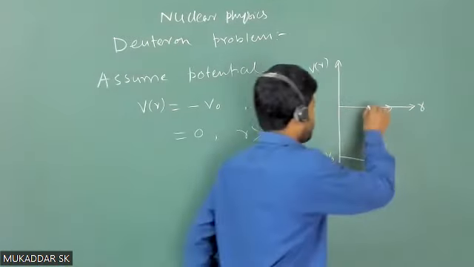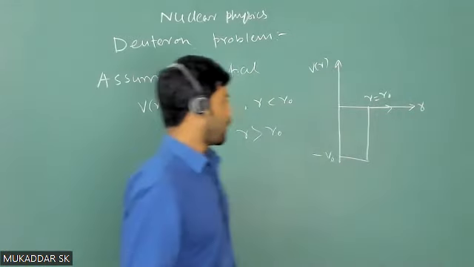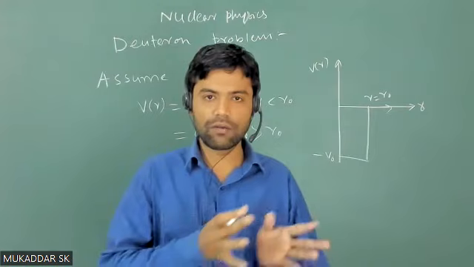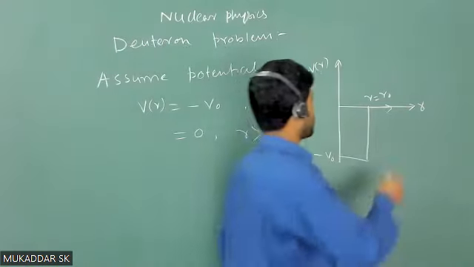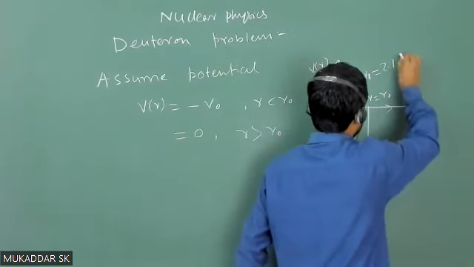And here you have this position, R equals R naught. R naught is the range in which nuclear force exists between neutron and proton inside Deuteron. This value is known from experimental data: 2.1 femtometer.